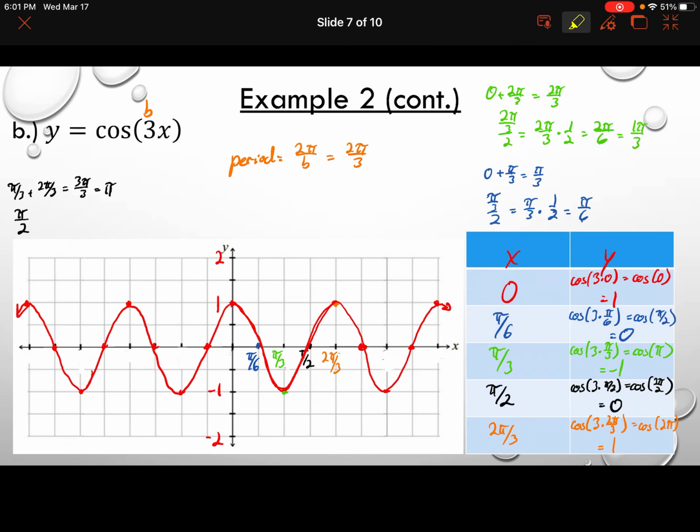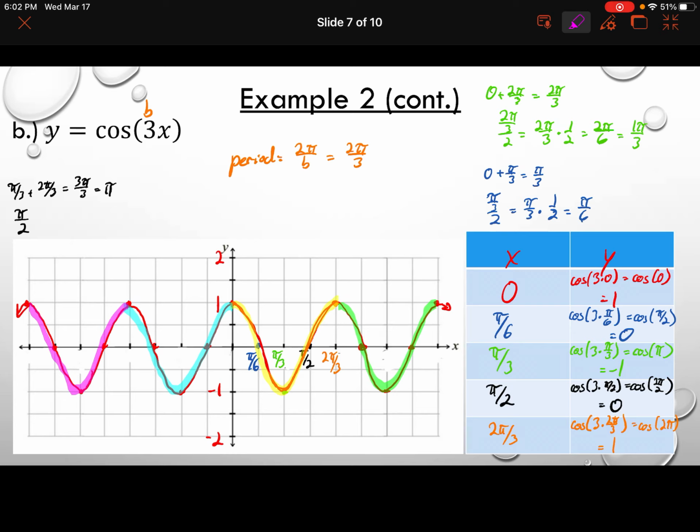So that's one cycle. That's another cycle. It's another cycle. And remember, each cycle is exactly the same, right? Goes up, down, right? And there we have our graph for cosine of 3x.